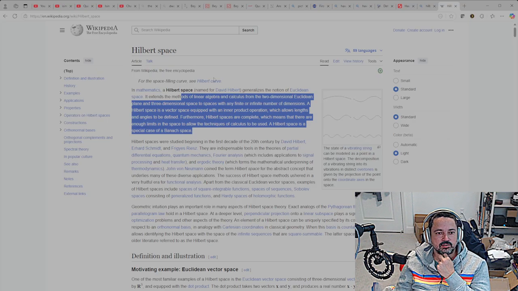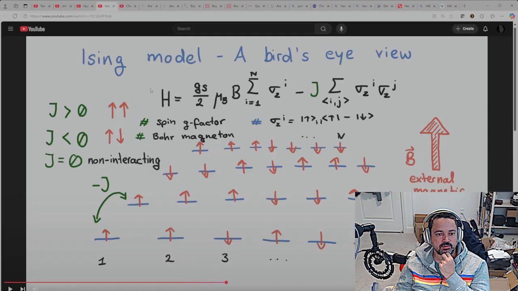All right, so let's keep going. Up minus down at site i. So sigma z i is equal to up minus down for i, and then that's summed over i, so for the number of spins that you have.